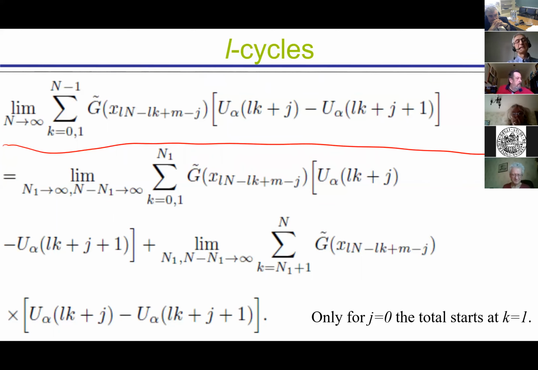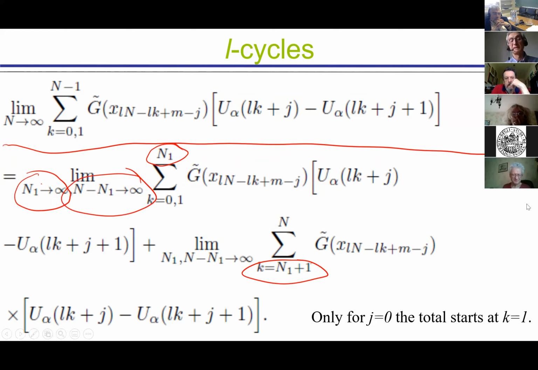And we split this total into two: one up to n1, and then from n1 to n. And we can see the limit when both n1 goes to infinity and n minus n1 goes to infinity.